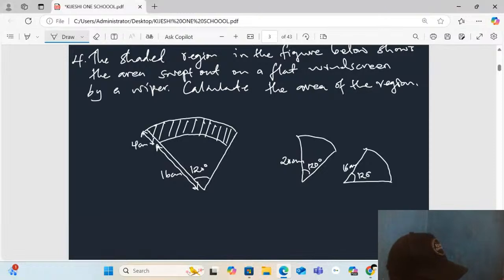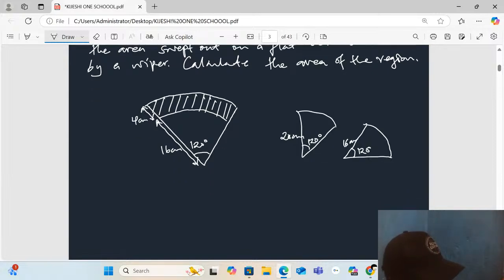Now, to find the area of the shaded region, we're going to subtract the area of the smaller sector from the area of the bigger sector. Now, the formula for calculating the area of a sector is theta over 360 times pi r squared.